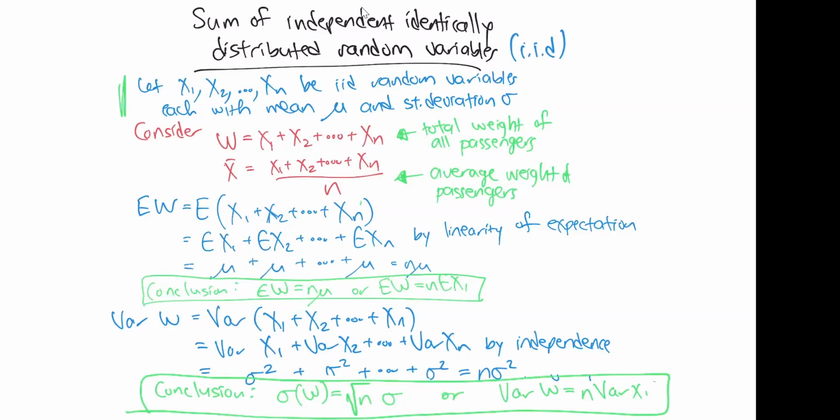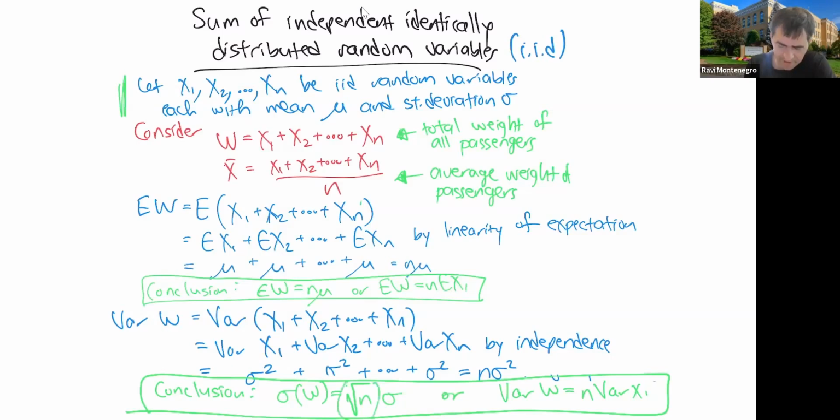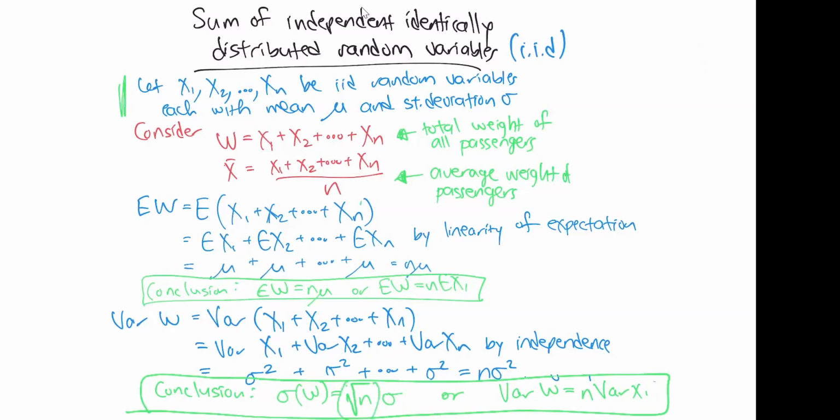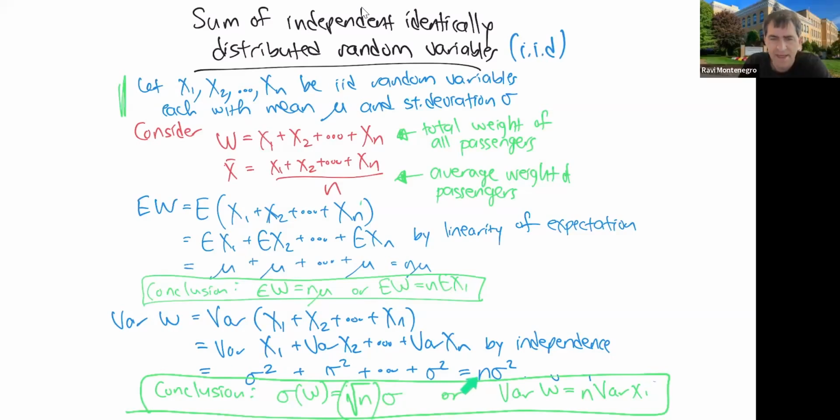Professor, is that the square root of n times sigma or the square root of n times sigma? Sorry. Yeah, I'll put parentheses there just to make that clear. So I was taking this n sigma squared formula and square rooting it, because the left here is sigma squared of W. So if I square root that, only the n gets a square root, and that square goes away.